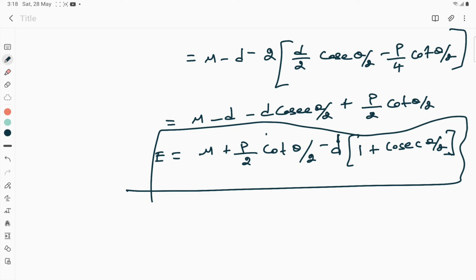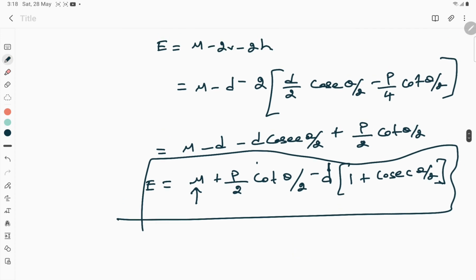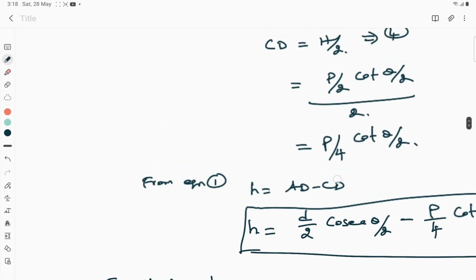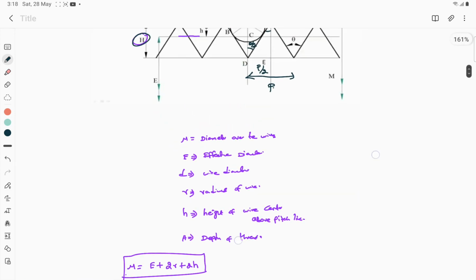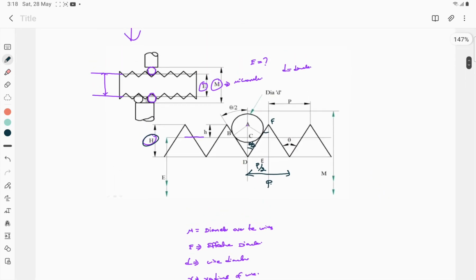In this equation we know m, which is obtained from the micrometer. P is the pitch, theta by 2 is half of the thread angle, d is the diameter of the wire. So by substituting in this equation after taking the micrometer reading, we can easily calculate the effective diameter. This is how we have to derive the relation.